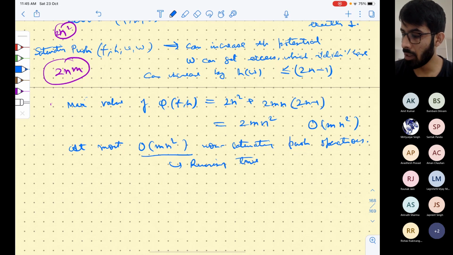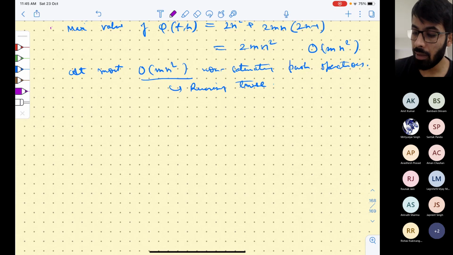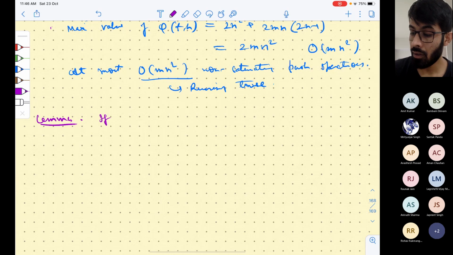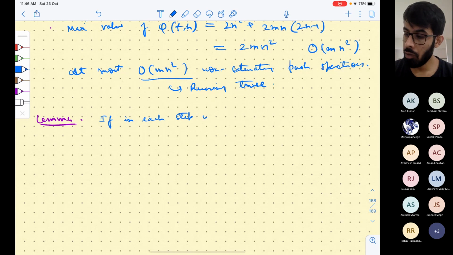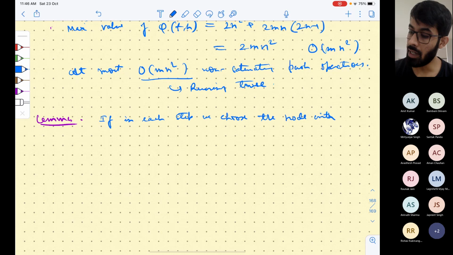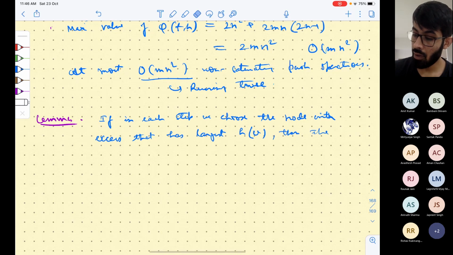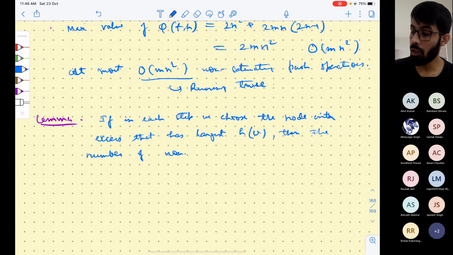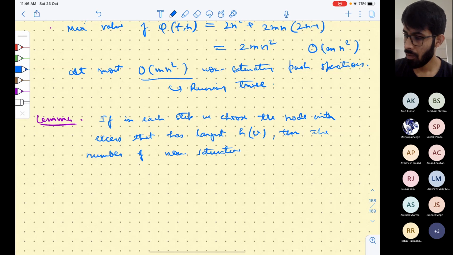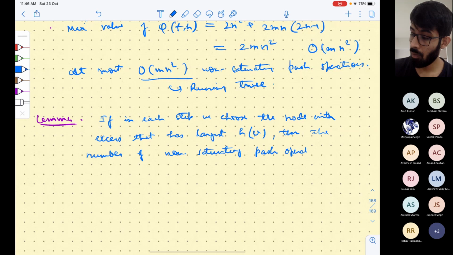But there is one small thing that the book mentions that I also wanted to do, which is that if in each step we choose the node with excess that has the highest height, largest h of v, then for the number of non-saturating pushes, we can give a better bound, less than or equal to 4n cube.